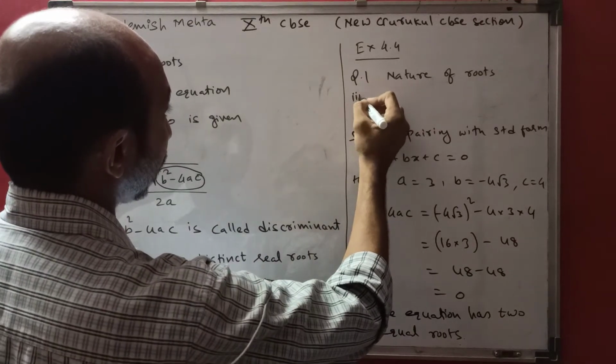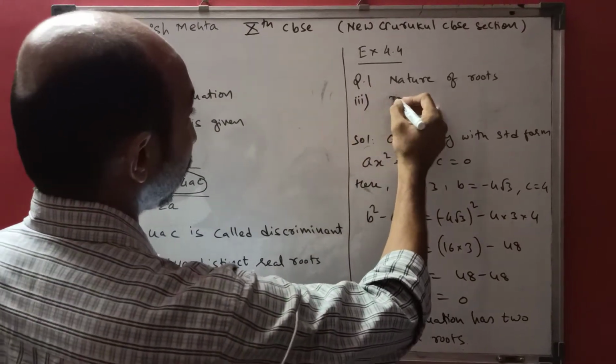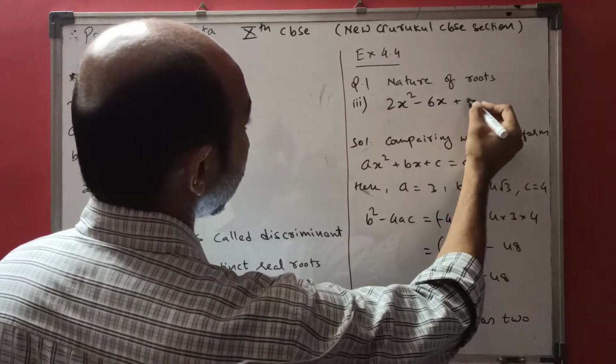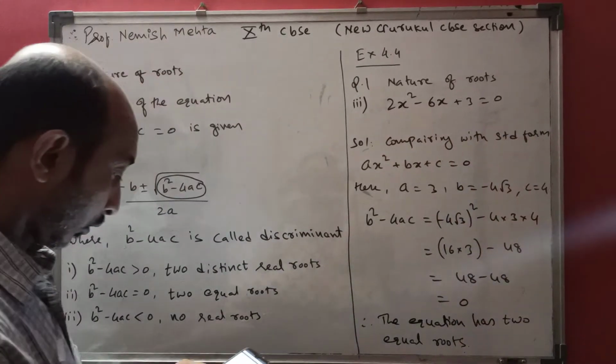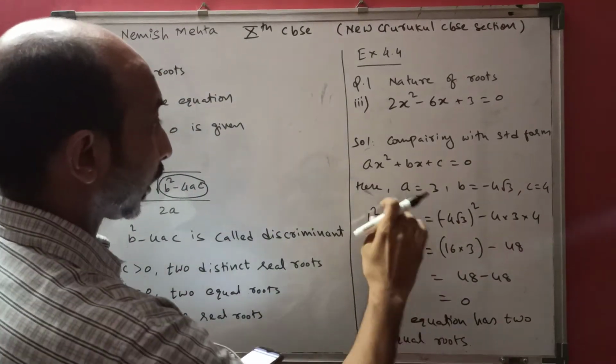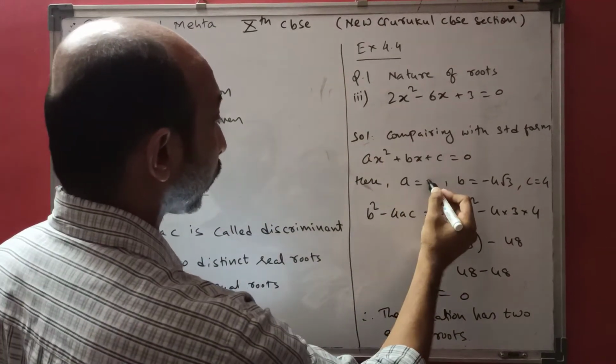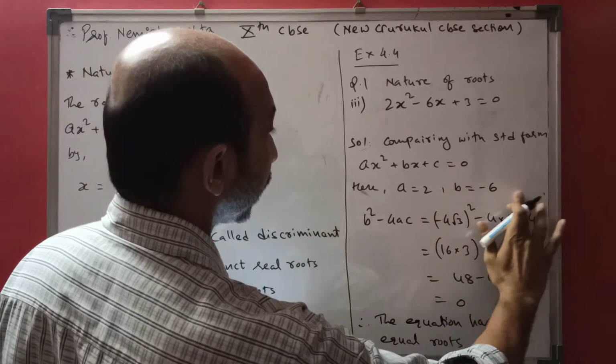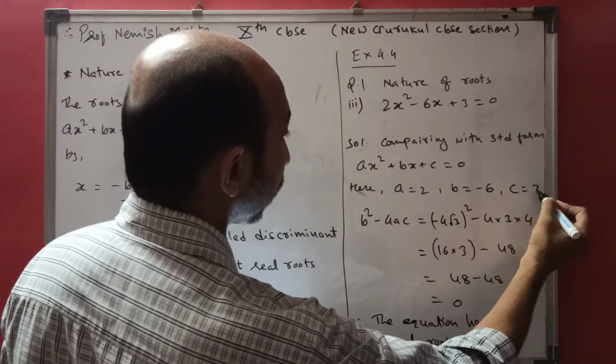Question number third. 2x square minus 6x plus 3 equals to 0. Okay, so again comparing with this, a is equal to 2, b is equal to minus 6 and c is equal to 3.